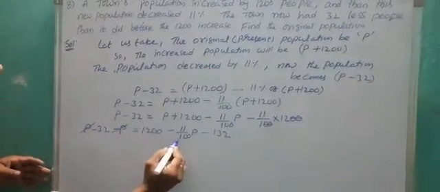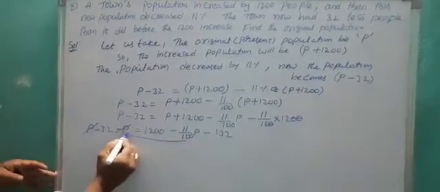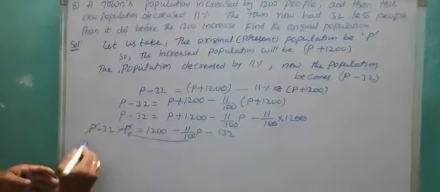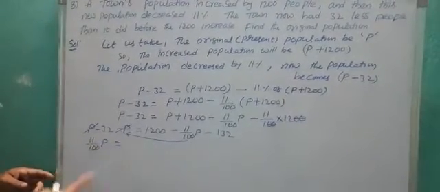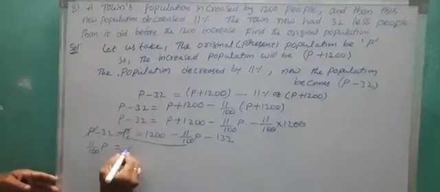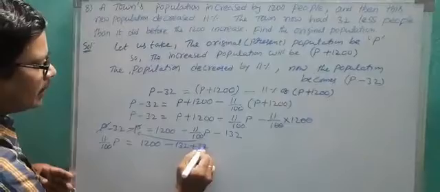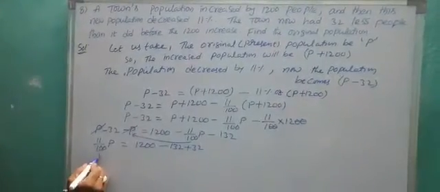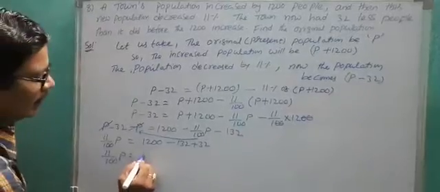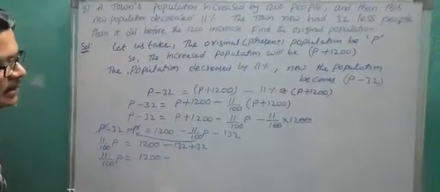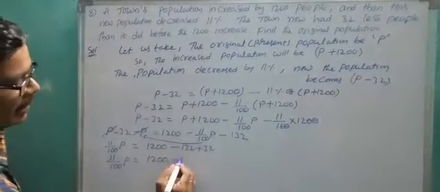This is minus 11 by 100 P, after transposition it becomes plus 11 by 100 P. This is minus 32, after transposition it becomes plus 32. So 11 by 100 P is equal to 1200 minus 132 plus 32, that means minus 100.